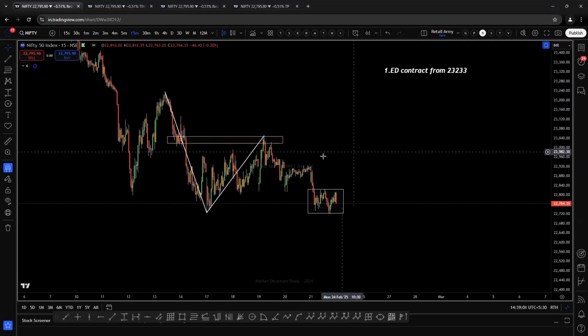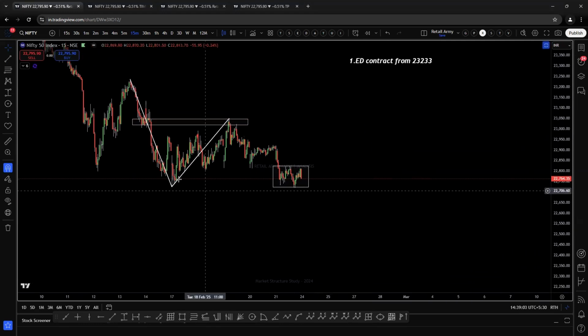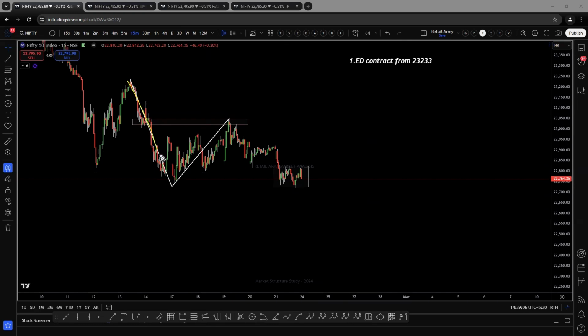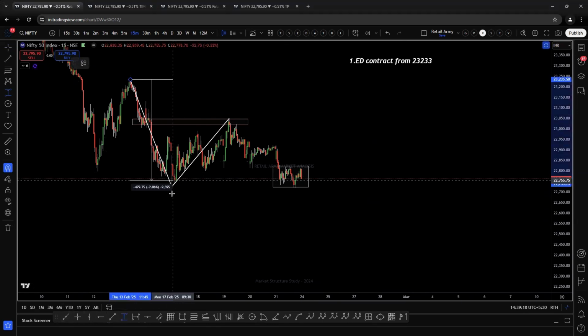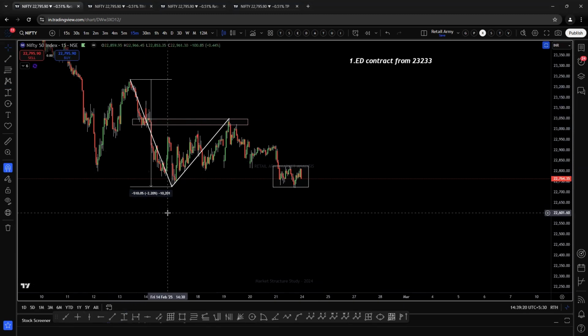In this ED contracting pattern, if we are going to see your A, B, C, D, and E, the first thing you must note is that this should not break this down move, wherever it comes, 510 points.